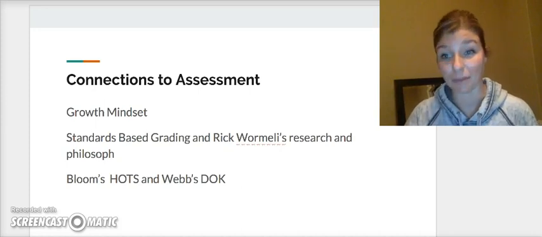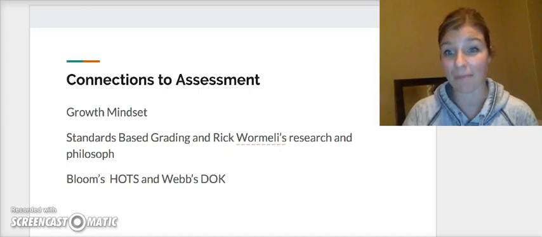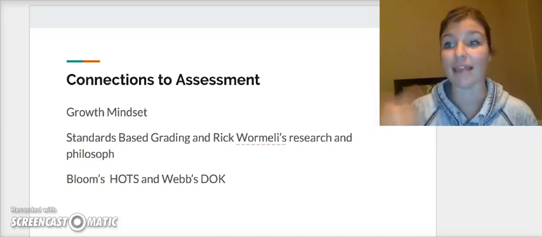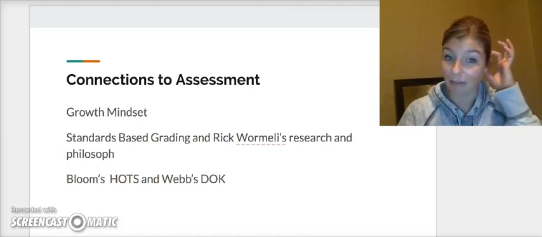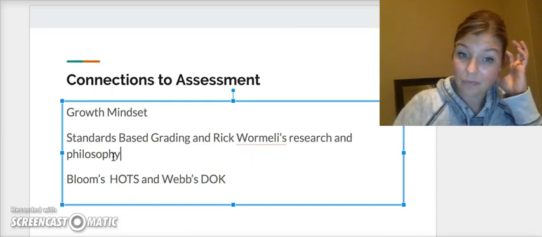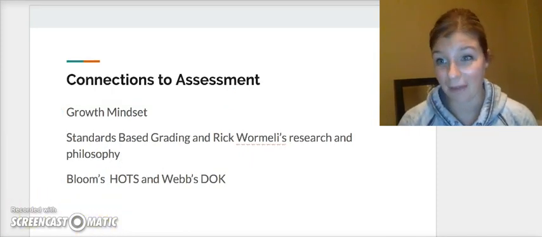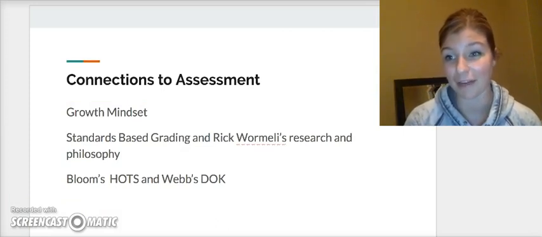It might take some students longer than others, but everyone can learn, and it's our job to help them by the end of the year master those standards that are expected. Think about and go back to that information on Rick Wormeli, the standards-based grading philosophy. Take a look at that. Think about that, reflect on that as you continue with your courses and in your field experiences in student teaching.